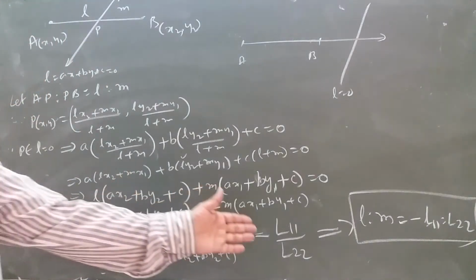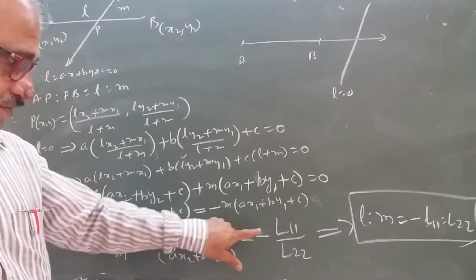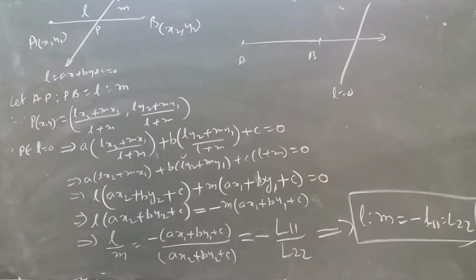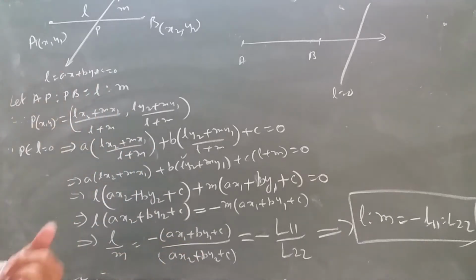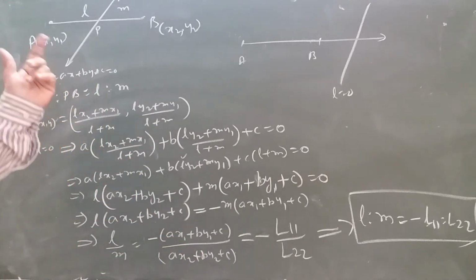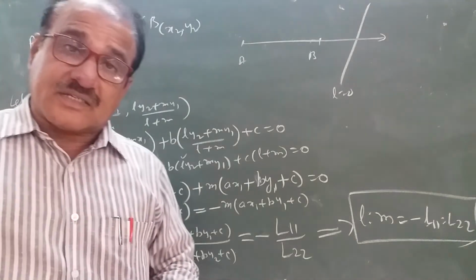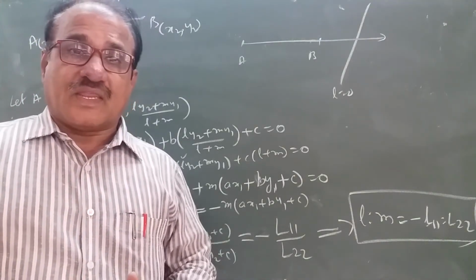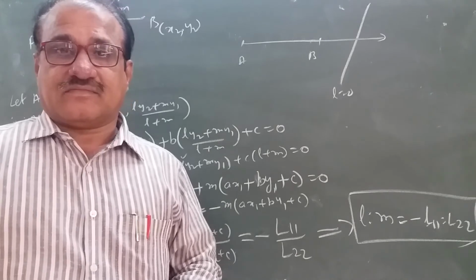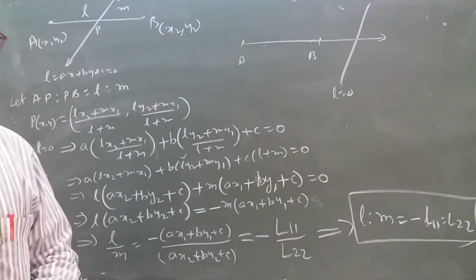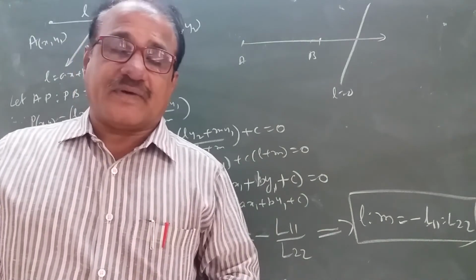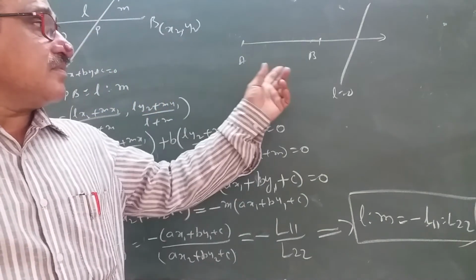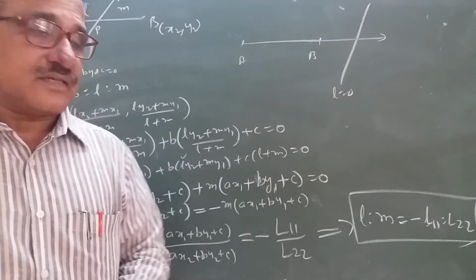If minus L11 by L22 is greater than 0, that means positive, when is it possible? When L11 and L22 have opposite signs, then we can say that A, B lie on each side of the straight line. If L11 and L22 have the same sign, that means both plus or both minus, then we can say that A, B lie on the same side.